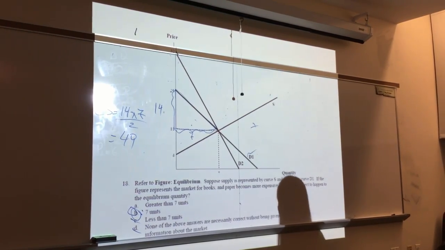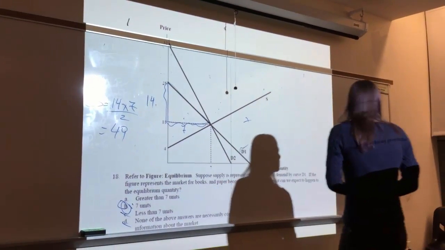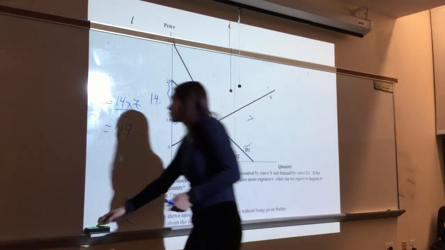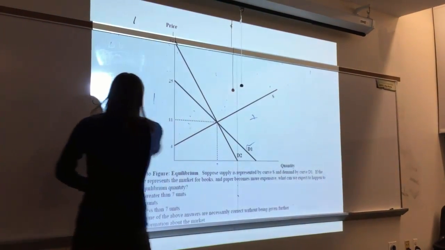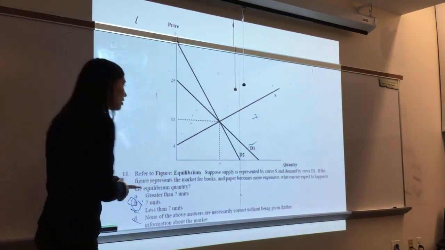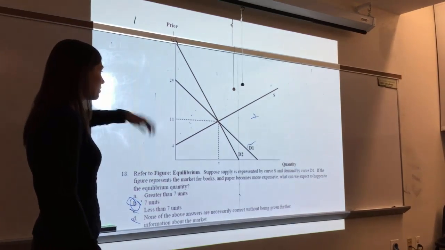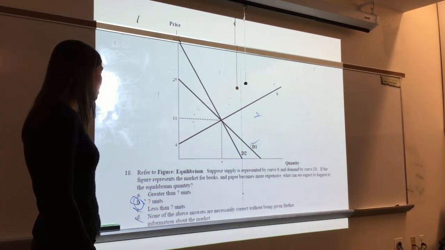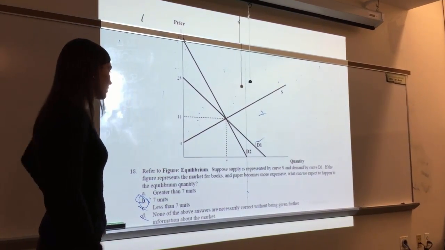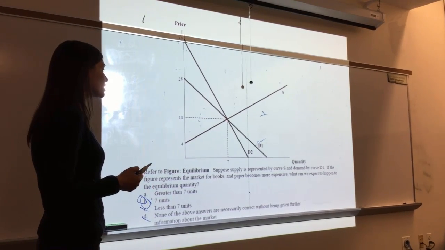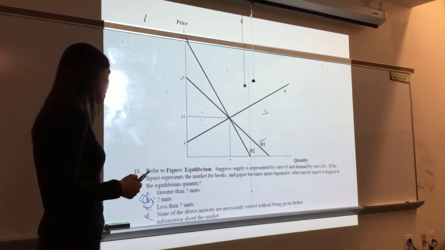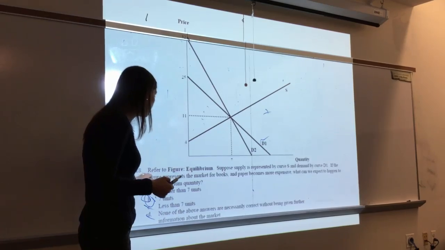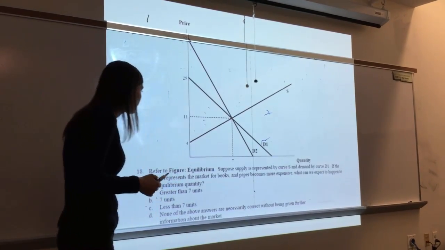Okay. So again, there's a supply curve, and demand is represented by D1. If the figure represents the market for books and paper becomes more expensive, what can we expect to happen to the equilibrium quantity?